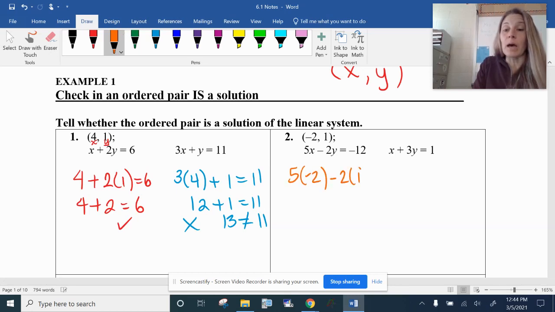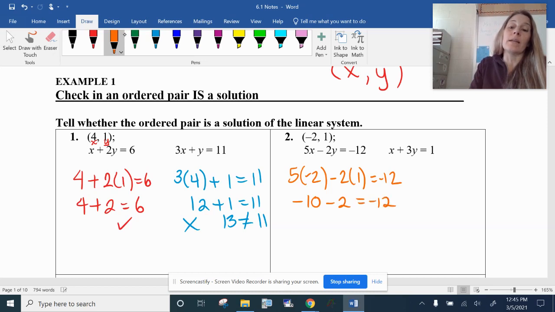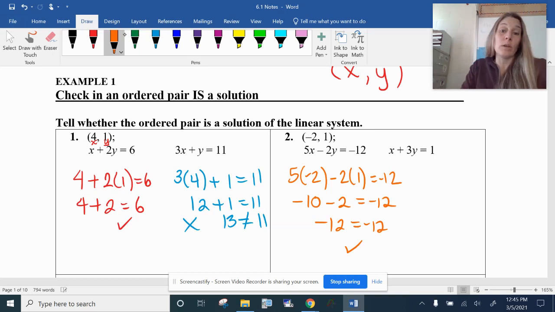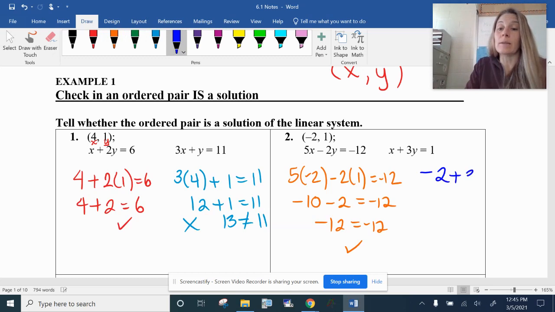Now, if we try example 2, I'm going to put in the negative 2 for the x, and then I'm going to put in that positive 1 for the y. So 5 times negative 2 is negative 10, 2 times 1 is 2, and negative 10 minus 2 does equal negative 12, so for this equation, the solution works. Now when we go to check the second one here, we're putting in a negative 2 for the x, a positive 1 for the y.